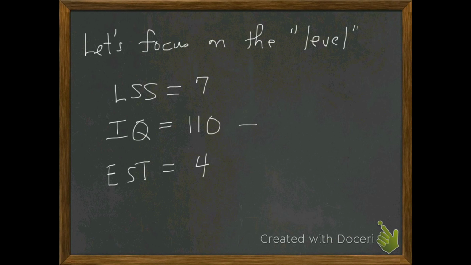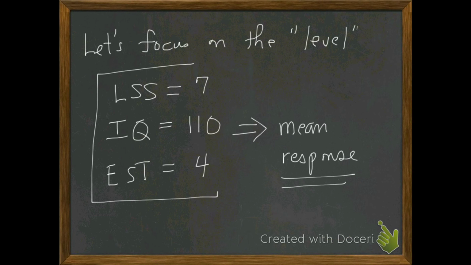Now, what we can do is we can get a mean response for these values. But gang, what you got to appreciate is if we, for example, brought in 100 kids with an LSS of 7, an IQ of 110, and an estimated reading level of 4, each kid would very likely have a different reading score.